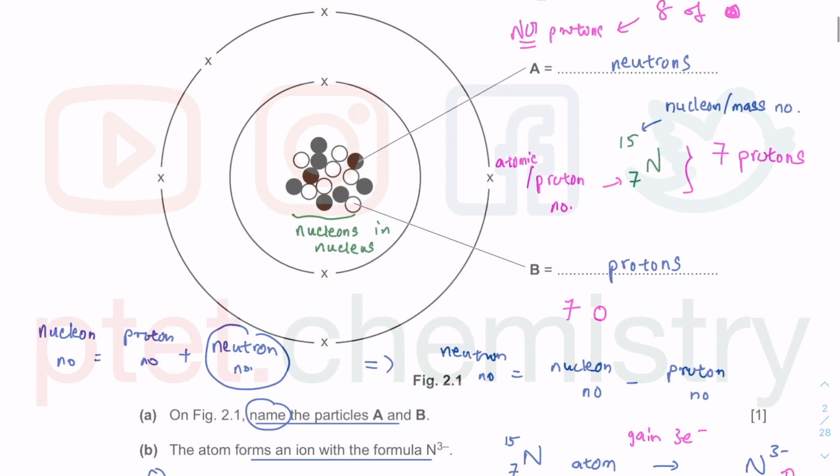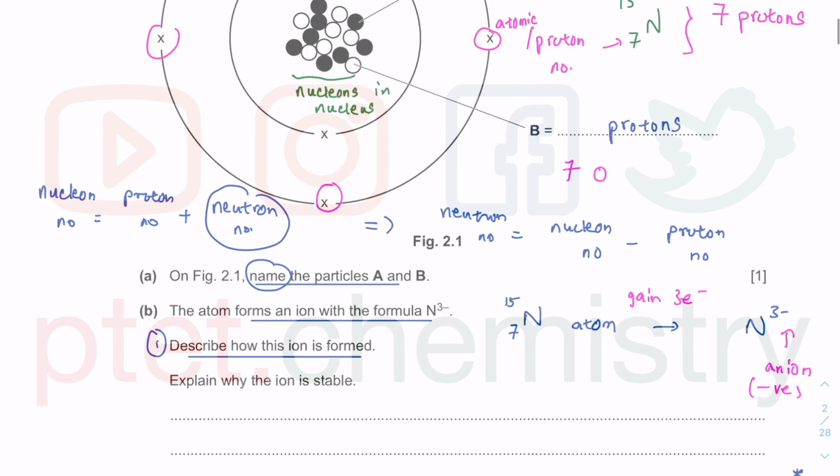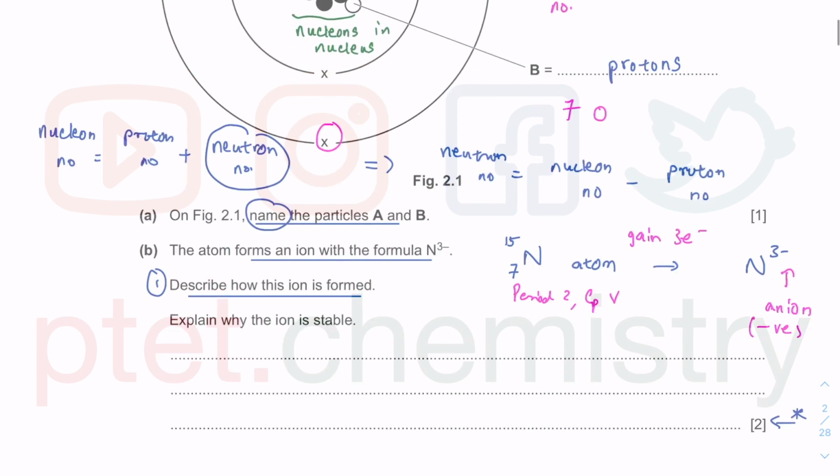If you think about the outer shell electrons, 1, 2, 3, 4, 5. There are 5 outer shell electrons because nitrogen is in period 2, but it's in group 5 as given in the periodic table. The group number tells you how many outer shell electrons you have. Group 5, 1, 2, 3, 4, 5. Nitrogen is basically 2, 5.